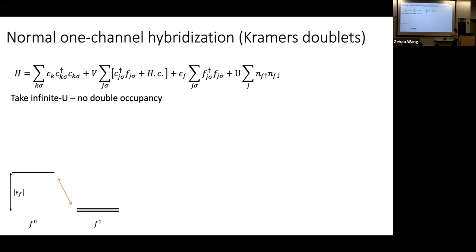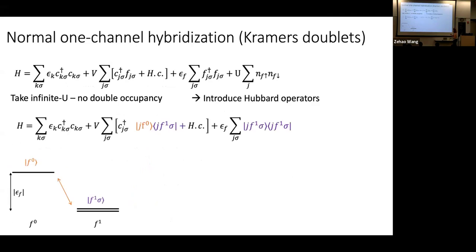So this is now the infinite-U Hubbard model. And these are no longer fermions because they don't have any double occupancy, so I need to represent them with Hubbard operators. This is a Hubbard operator representing the f1 state, which has a sigma label, and this is a Hubbard operator representing the f0 state. So the hybridization has these terms, and the chemical potential has these terms.